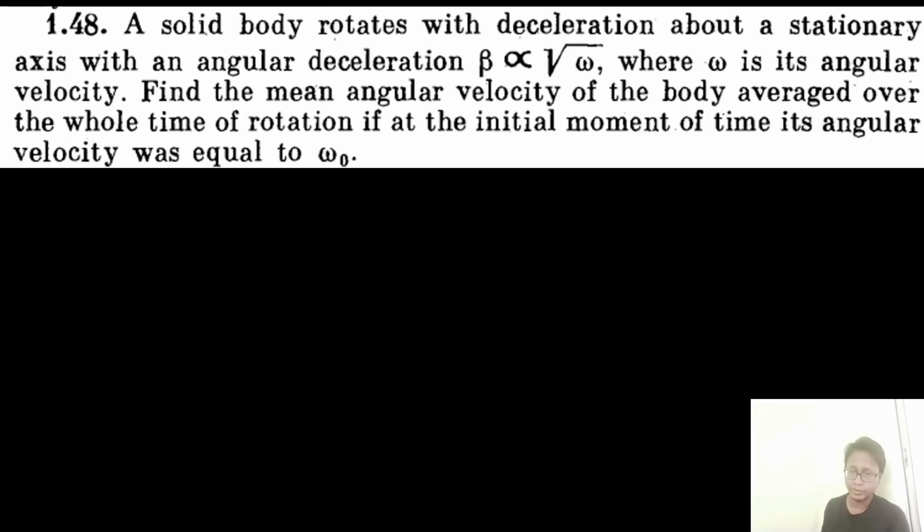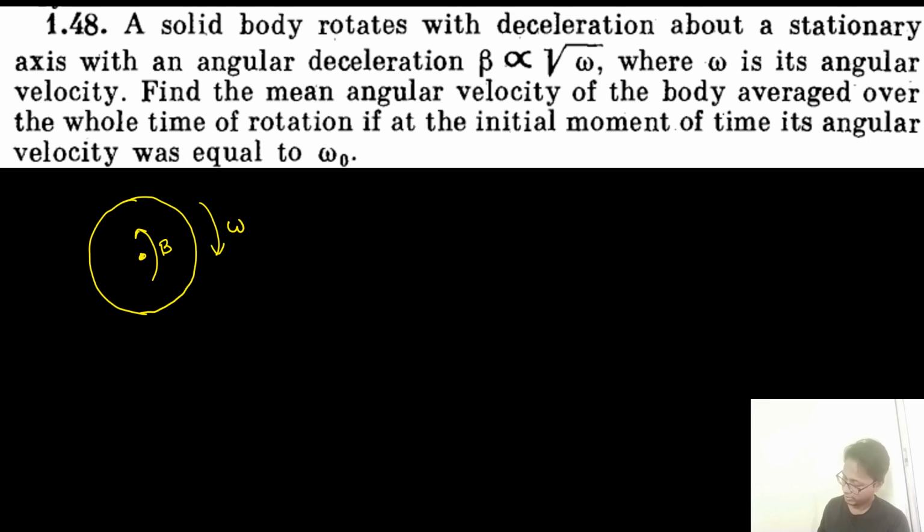Okay, let's look at this question. A solid body rotates with a deceleration about a stationary axis with angular deceleration beta equal to under root of omega, where omega is the angular velocity. That means what is happening out here is a solid body rotating with angular velocity omega, and the angular acceleration is in the direction opposite to the angular velocity.